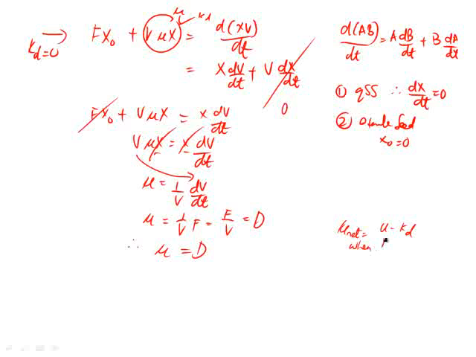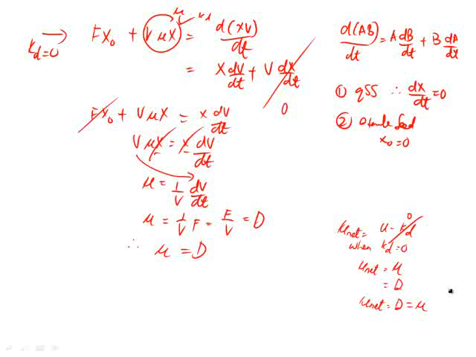When Kd equals 0, mu net is mu. And now the mu is D. So mu net is D. And mu.